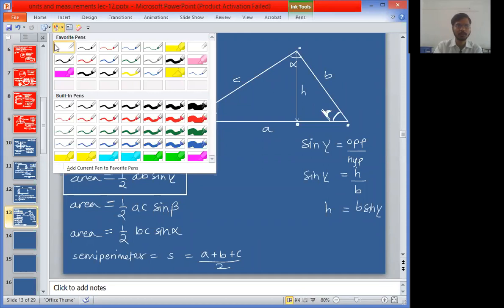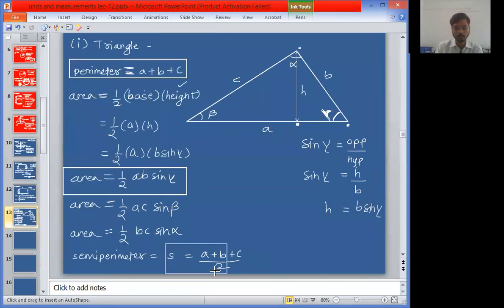Now just keep on writing all these things you already know. A plus B plus C upon 2. And one more formula for the area of a triangle is equal to under root S into (S minus A), (S minus B) and (S minus C).